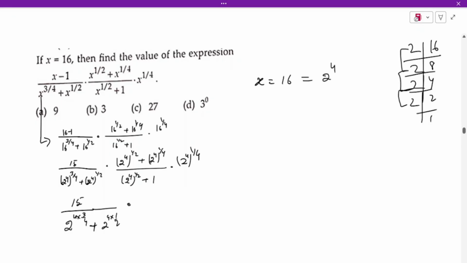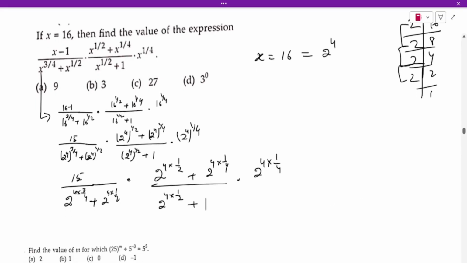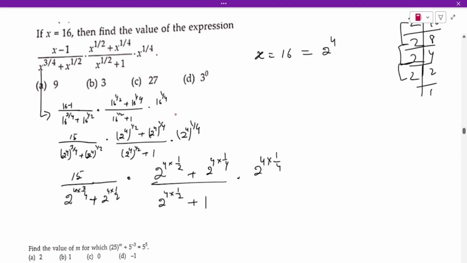And then here we have multiplication, so this is 2 to the power 4 times this power going to multiply, 1 by 2. The same way this is 2 to the power of 4 times 1 by 4 over 2 to the power 4 multiplied by 1 by 2 plus 1, and then here 2 to the power 4 times 1 by 4. Now once we simplify this, we'll get this 4 is going to cancel, this 2 is cancelling this by 2 times.